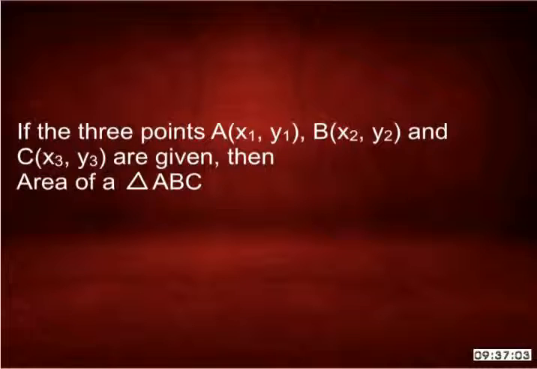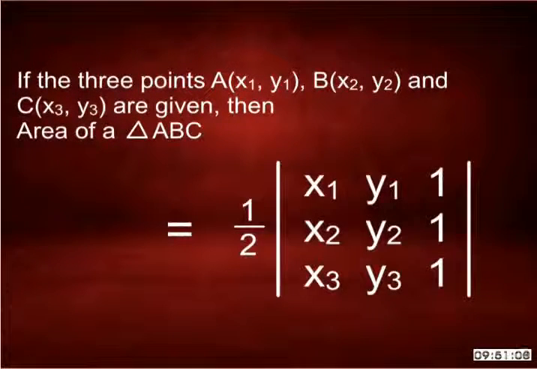If x1, y1, x2, y2 and x3, y3 are the coordinates of vertices of a triangle, then the area of the triangle is given by 1/2 into determinant containing elements x1, y1 and 1 in the first row, elements x2, y2 and 1 in the second row, and elements x3, y3 and 1 in the third row.